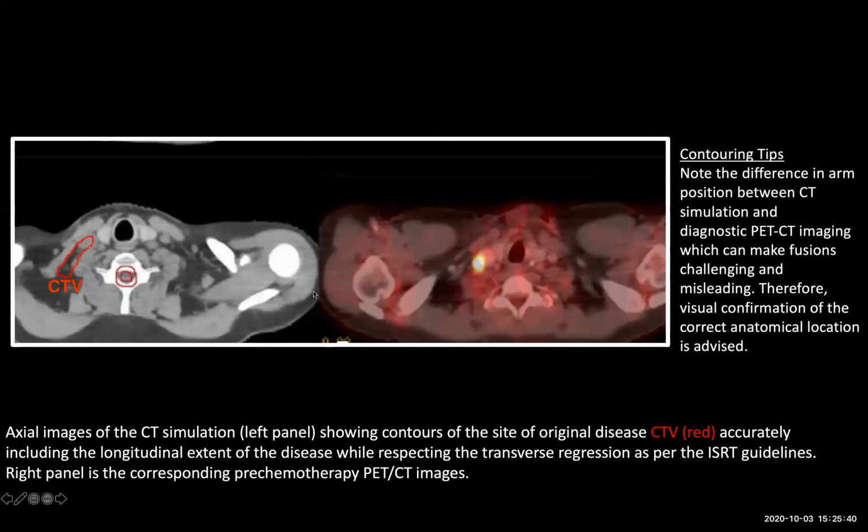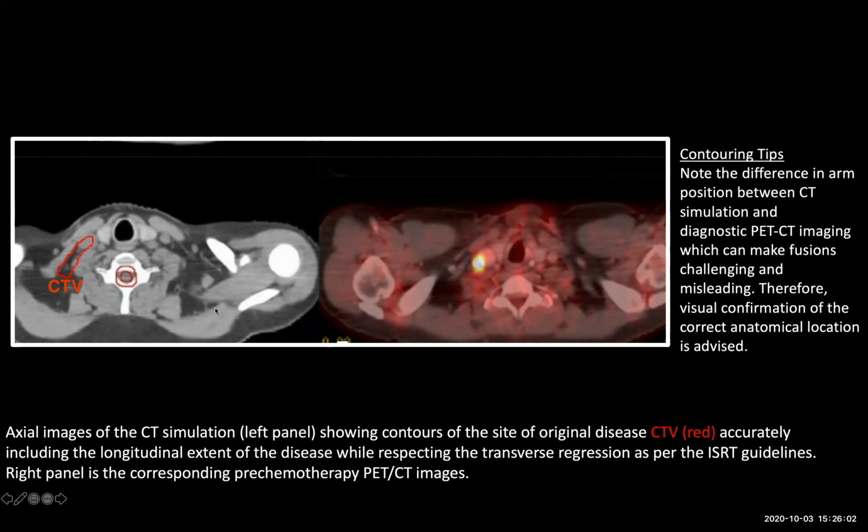This is another contouring tip, which has to do with the arms on the PET scan that are above the head in most of the cases, and if you end up simulating the patient with the arms down, as you can see, the very same area would show a different amount of the bone and the shoulders.